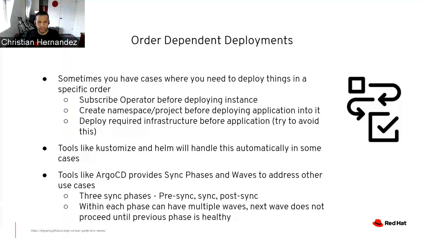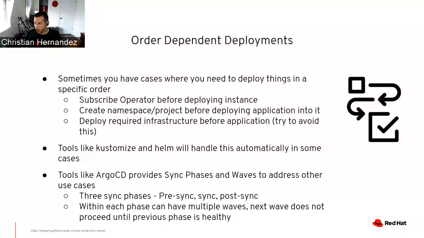Other tools have similar ways to do things in a certain order. And finally, there are tools like Kustomize and Helm that'll help you do a lot of this as well, on top of just the actual sync tool.